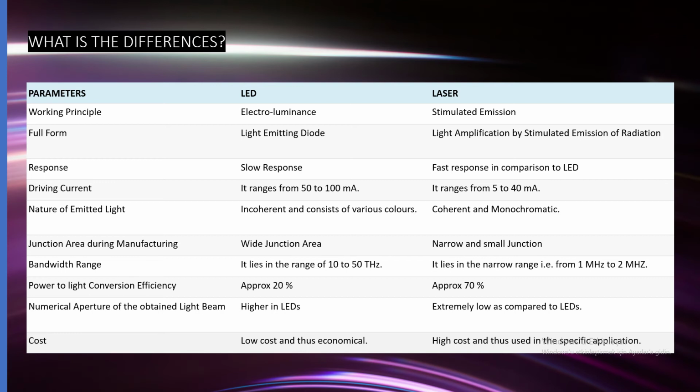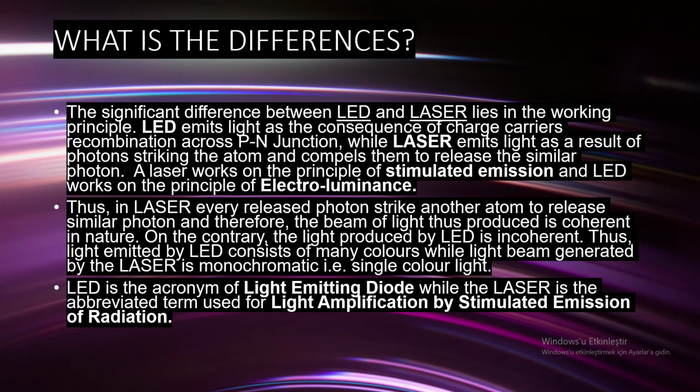LED approximately 20%, laser approximately 70%. Numerical aperture of the obtained light beam. Higher in LEDs, extremely low in laser as compared to LEDs. Cost. LEDs cost is low and thus economical. Lasers have high cost and thus are used in specific applications.